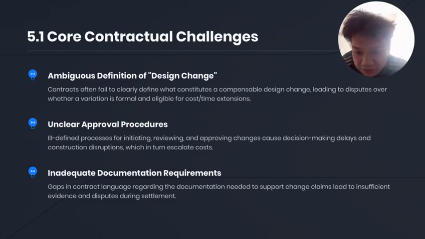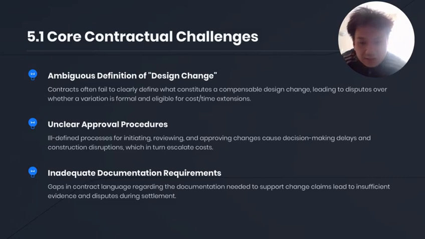The third challenge is informal documentation requirements. If change records, approvals, and cost breakdowns are not formally required, it becomes difficult to prove claims later, and this frequently escalates into disputes during settlement.